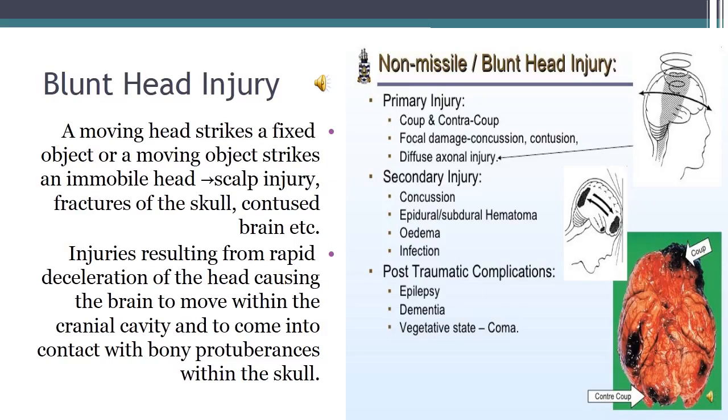Post-traumatic complications that follow non-missile or blunt head injury can cause epilepsy, dementia, vegetative state, or coma. In the slide seen on the right, we can see the postmortem pathology of the brain with traumatic injury. We can see the coup and the contrecoup injuries.